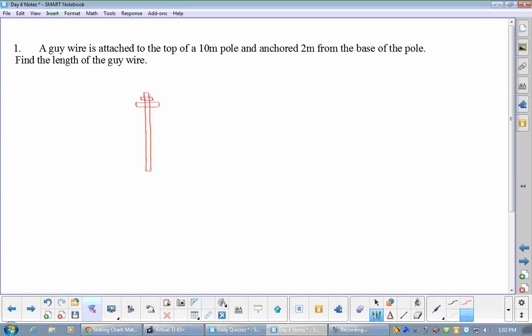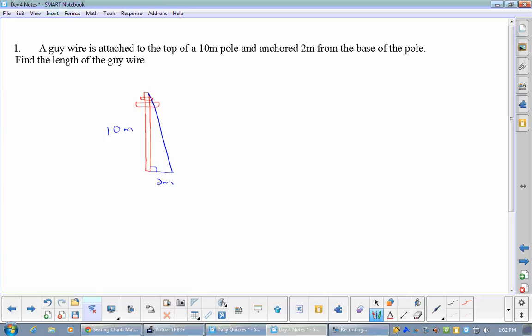Now, that pole is 10 meters tall. And it says there's a wire attached to the top of the pole, and it goes down to the ground, and it says that it is 2 meters from the base of the pole.